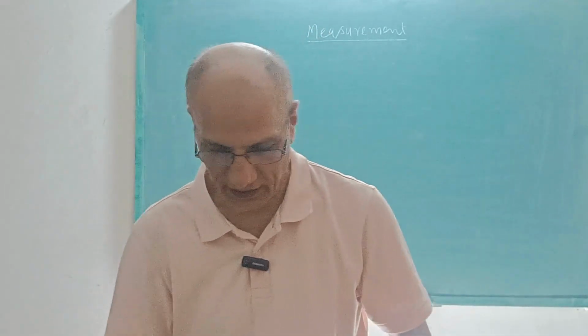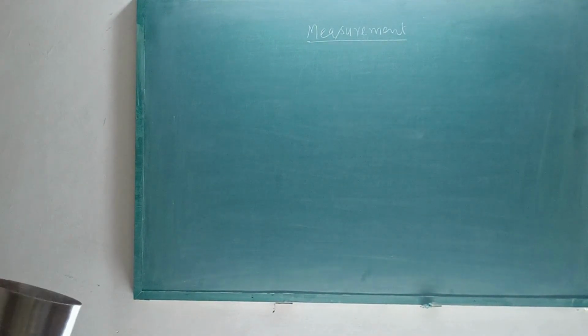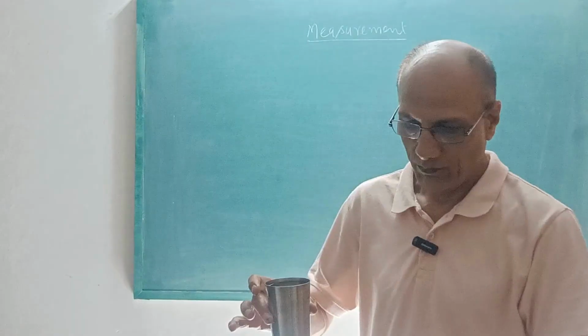Now as far as the volume is concerned, let us check with this glass. I'll get it filled with water, and then we'll see. The glass is full of water. So I just put it over here.